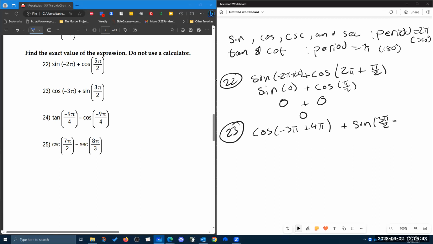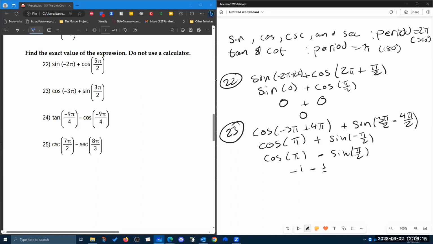I'm going to subtract 4 pi over 2 from that, and that's going to get me cosine of pi plus sine of negative pi over 2. So this is going to be minus sine of pi over 2, since sine is an odd function. Cosine of pi is negative 1. Sine of pi over 2 is 1. So this is going to be negative 2.